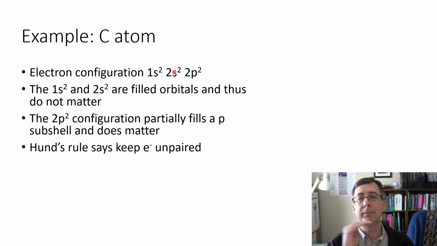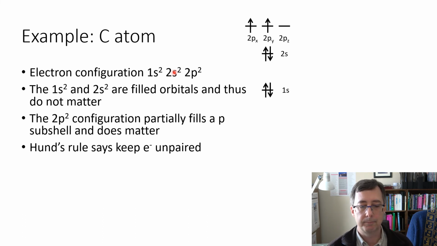Hund's rule says keep those electrons unpaired as I start to fill up the 2p subshell. So here's a little diagram. I filled that, it doesn't matter. I filled that, it doesn't matter. I've only got 2 electrons. The 2p subshell could take 6, so this is unfilled, so I need to worry about this part. And Hund says start putting down alpha electrons first until you have to track back and then start pairing them, but that doesn't happen for carbon.